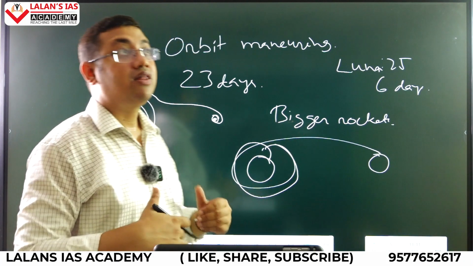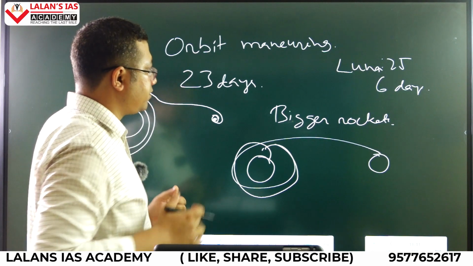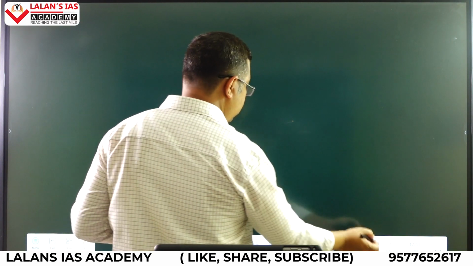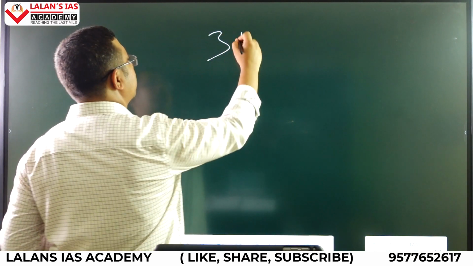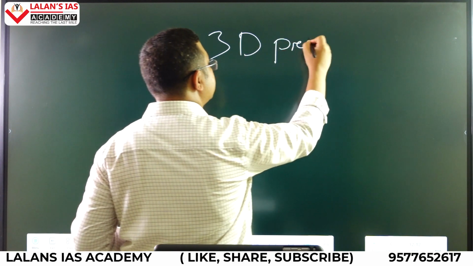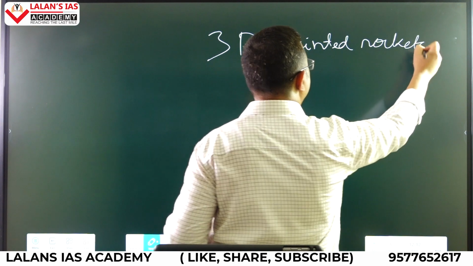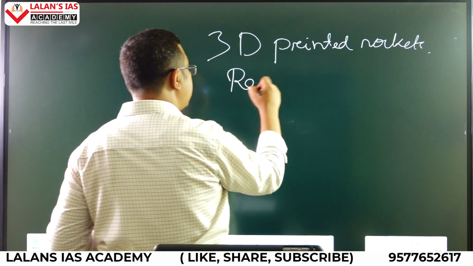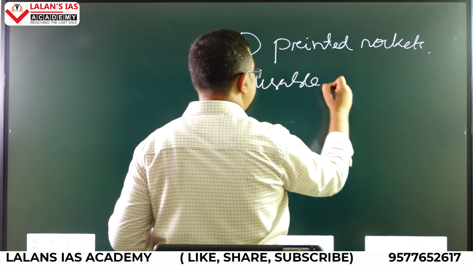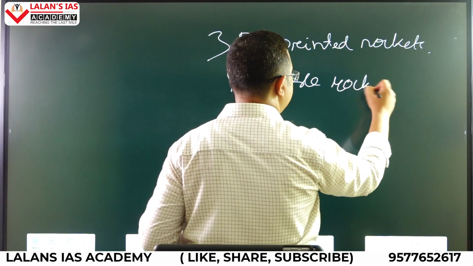Now again, what is the potential solution? I don't know if you have heard or not. There is something called 3D printed rockets. And there are reusable rockets. These are in the news.